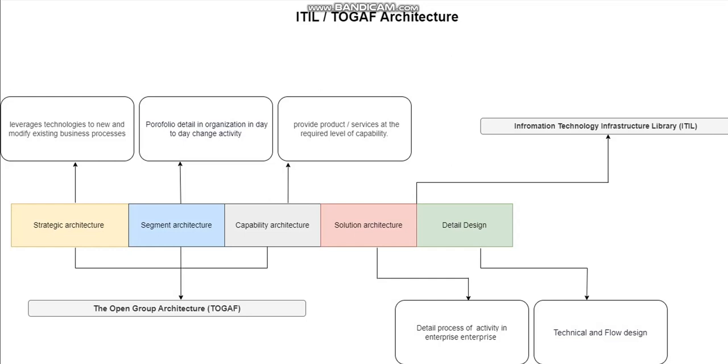Strategic architecture is leveraged to create new and modify existing business processes. This means when you migrate to new technology in your business process, it will be included in strategic architecture. In strategic architecture, you have a business strategy to implement the system.